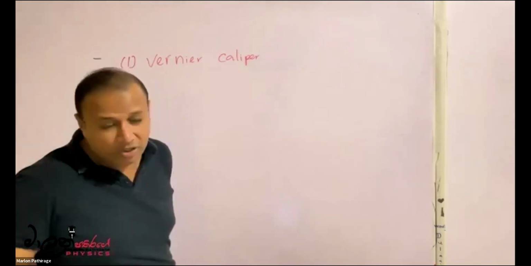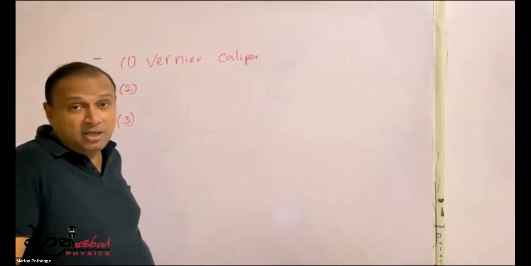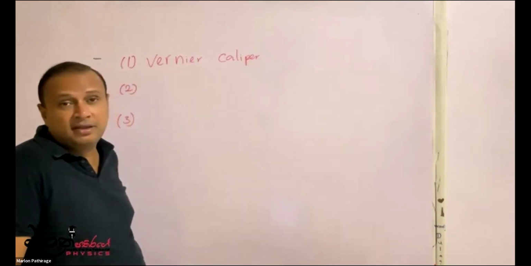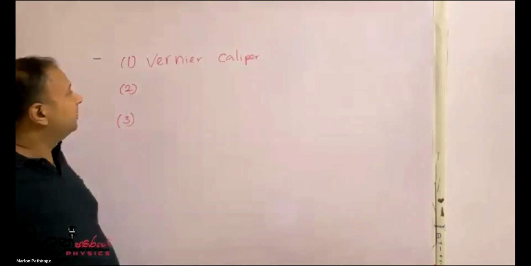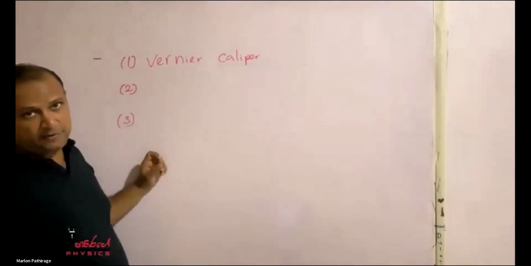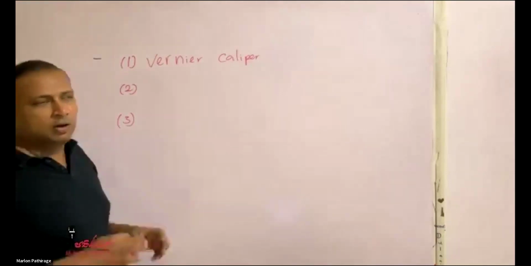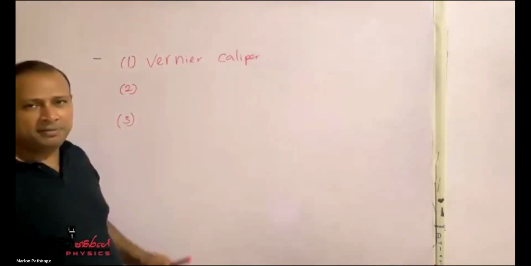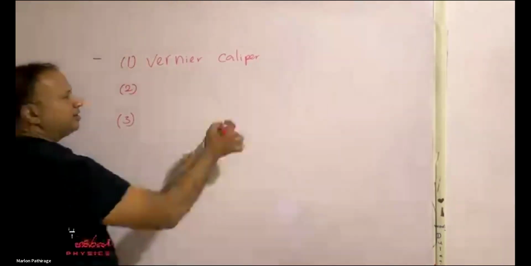The first instrument is vernier caliper. That is the common name, but there's another name, slide caliper.